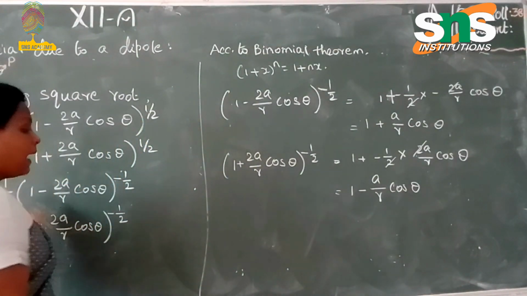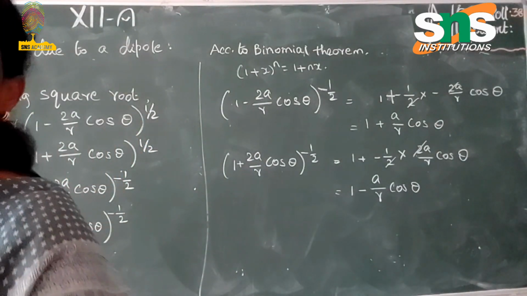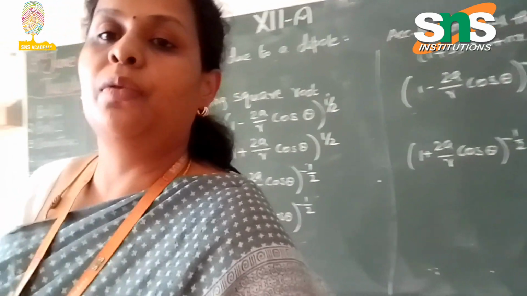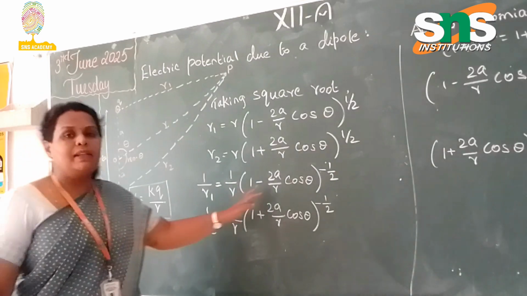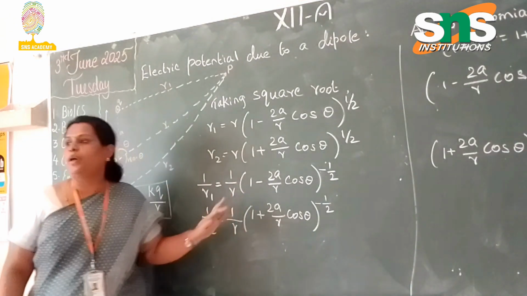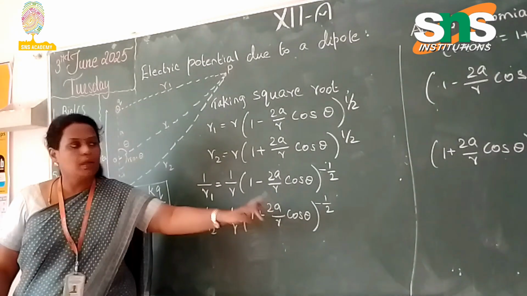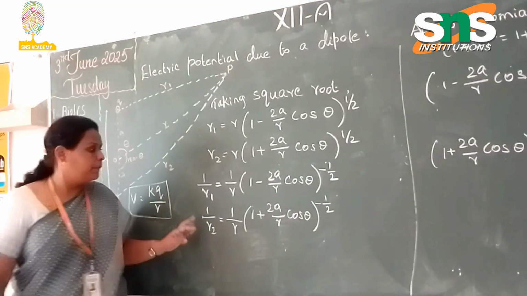So let me apply it here in this 1 by r1 and 1 by r2. If you see here, you can notice 1 by r1 and 1 by r2. We simplified these terms and we are going to substitute them instead of these terms.